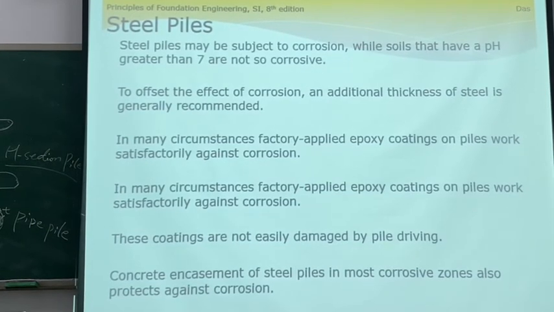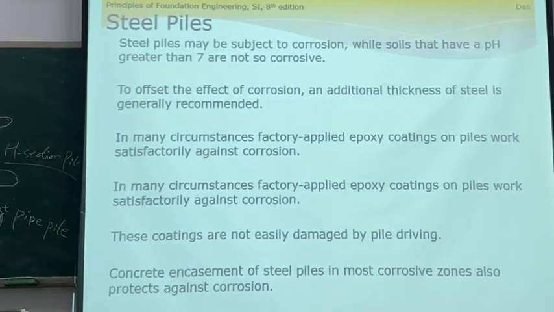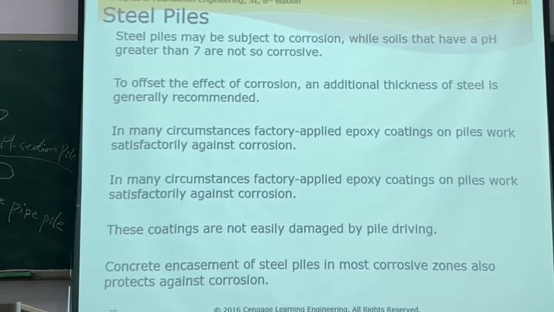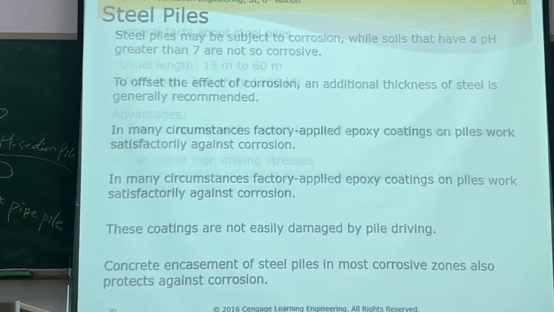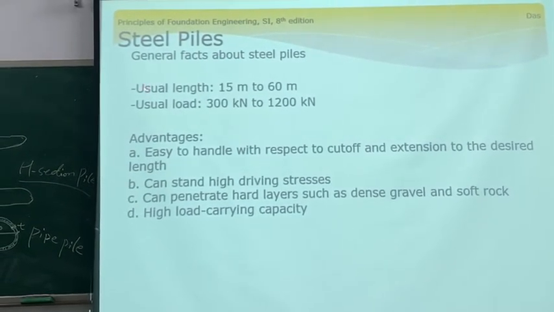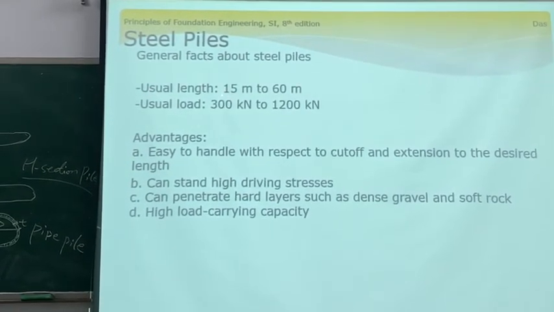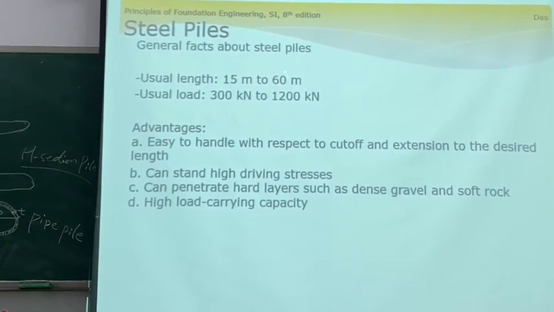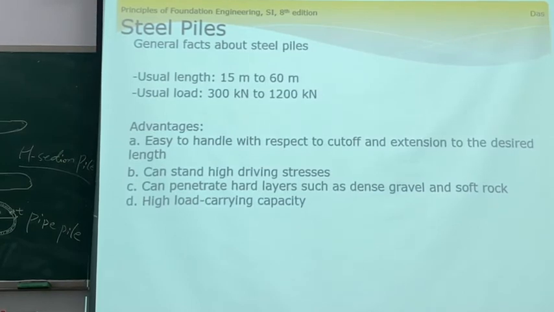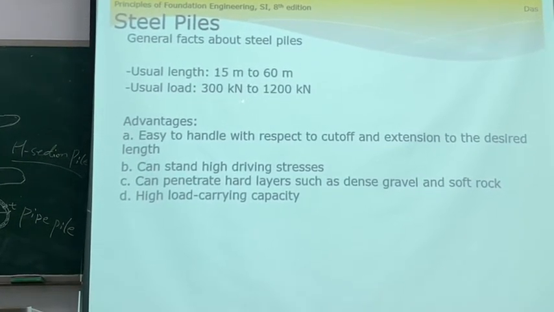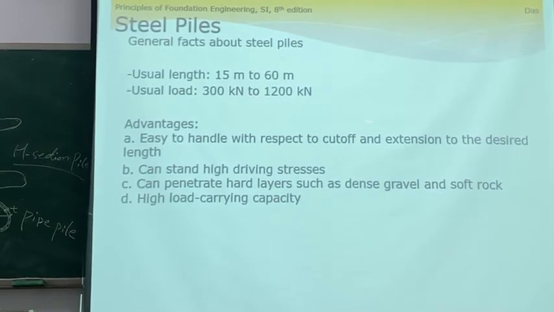So then we can add the concrete to the steel piles. The general length of the steel piles is usually 15 feet to 60 feet. The service load is 300 kilonewton to 1,200 kilonewton.